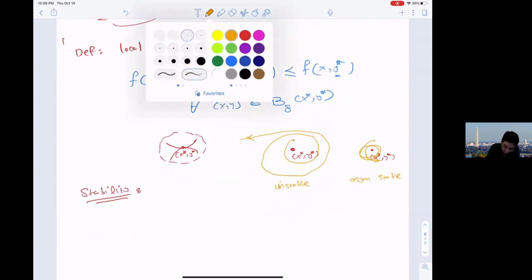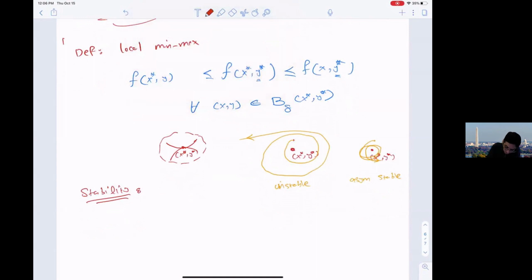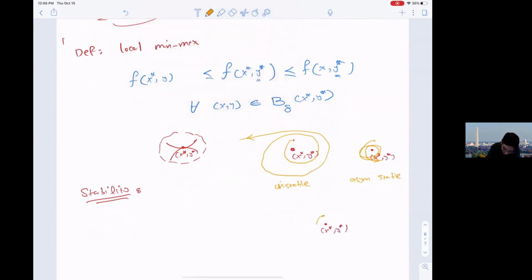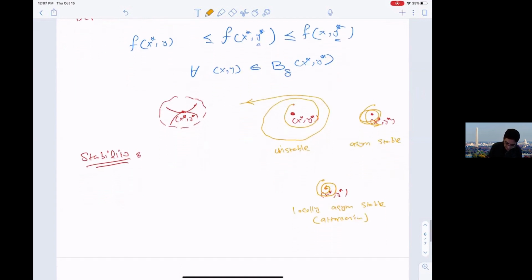But if it happens that my dynamics, in fact, take me to X star and Y star, so I start somewhere nearby and my dynamics take me to X star and Y star, it's called locally asymptotically stable, or it is an attraction point. This attracts the dynamics to converge to X star and Y star.